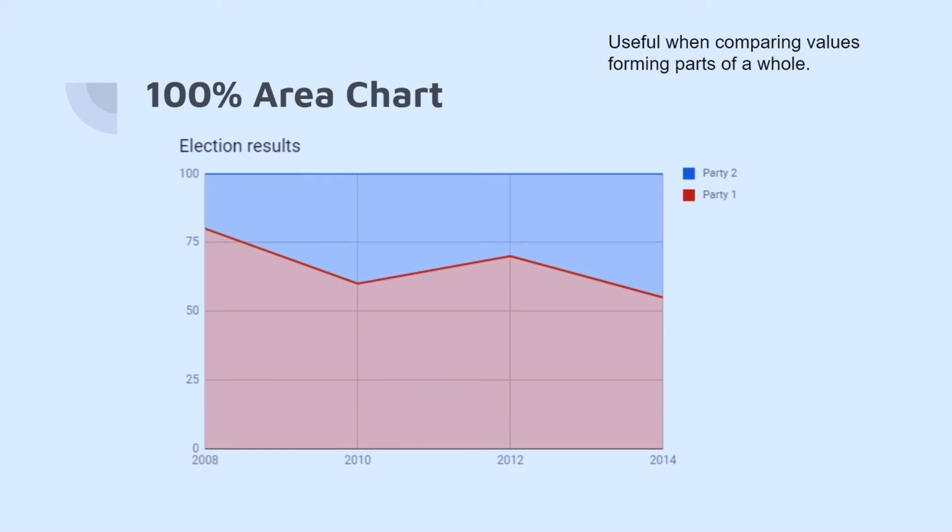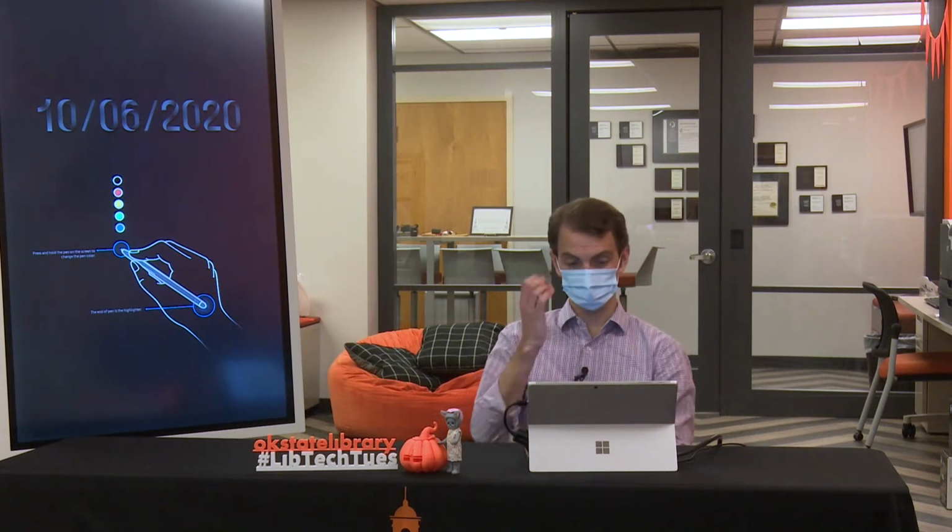So this would be useful to show how voting has changed in a given state over the years. What percentage of the population voted for the Republican candidate, how many voted for the Democratic candidate, and things like that. Here's another example, and I think this is a really effective one.